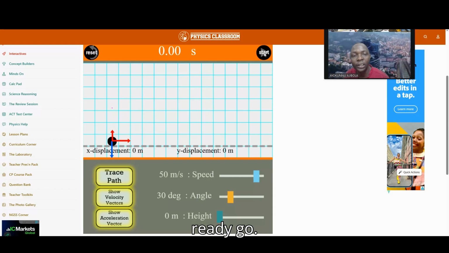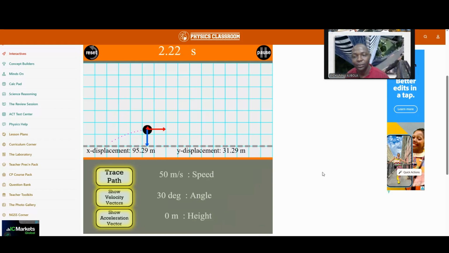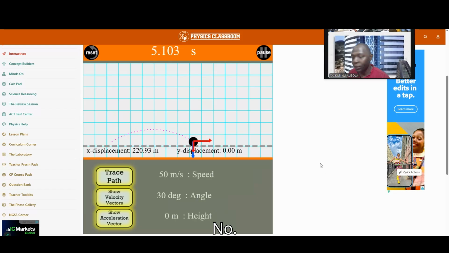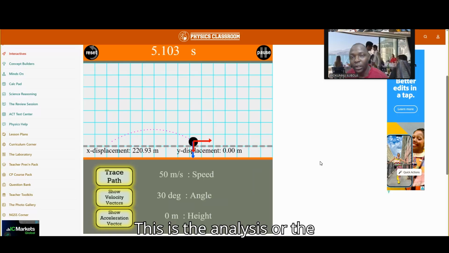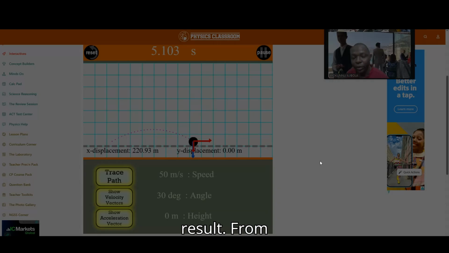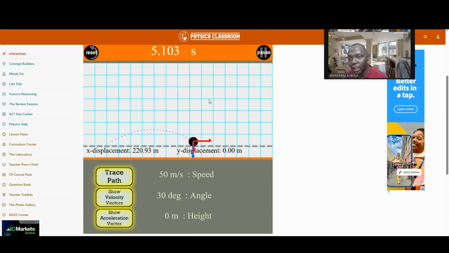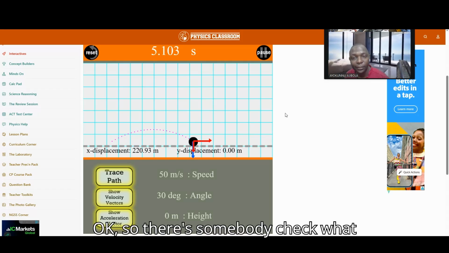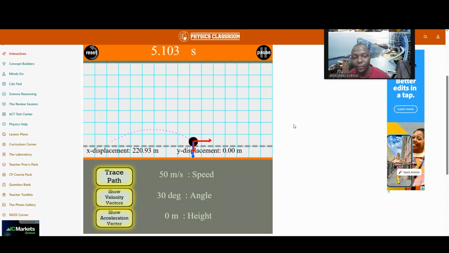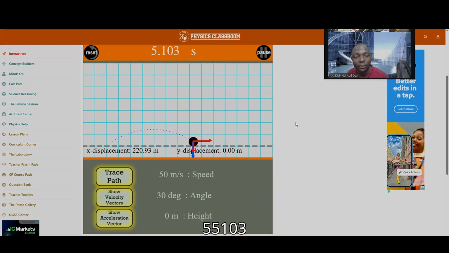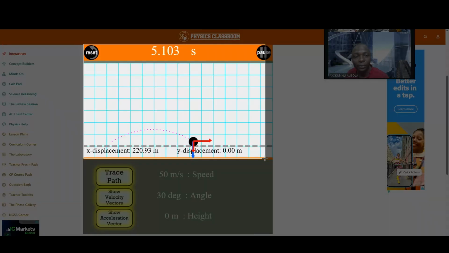Ready, go. Now, this is the analysis, or the result, from Festus' attempt. Let somebody check: what is the time of flight? 5.103 seconds. Good.